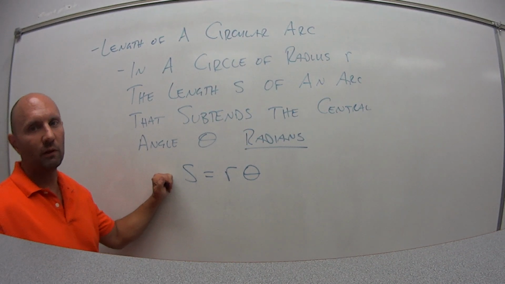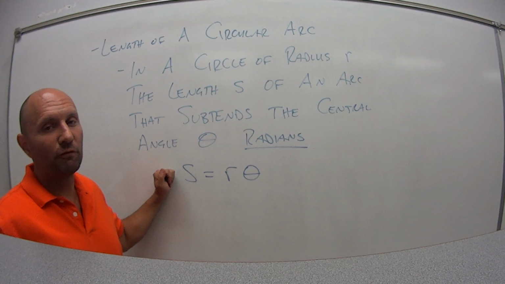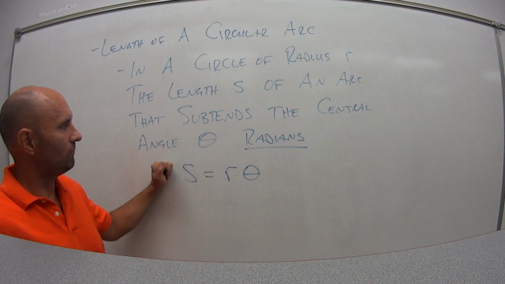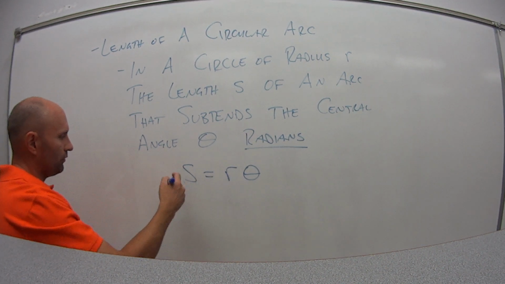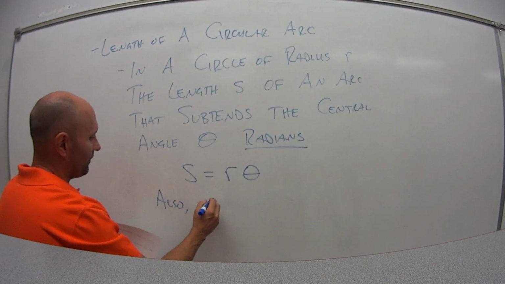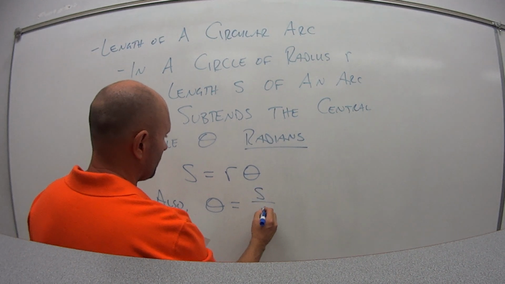This is one of the formulas you're going to want on your cheat sheet. It's one you want to remember for the final exam, so that if this type of problem comes up, you're able to do the computations. If we do some algebra on this, we also have that theta is equal to s over r.